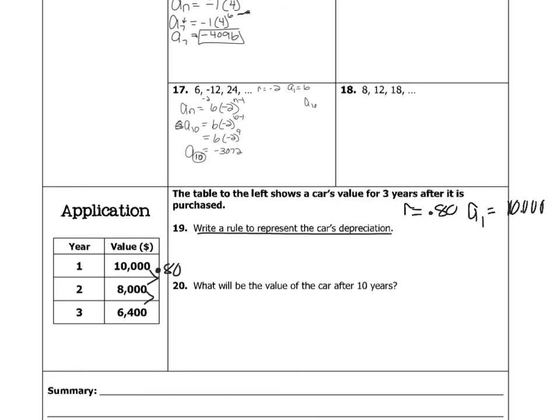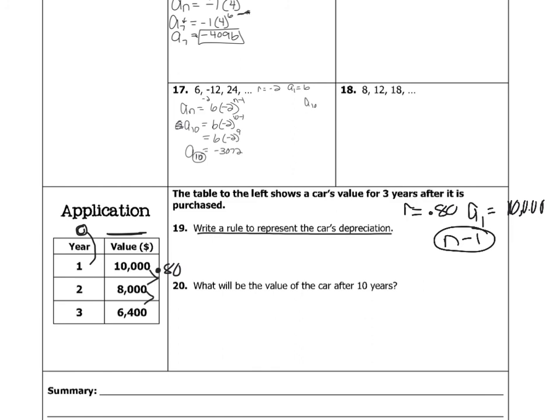Now some of you may think, well, is this how much the car depreciated in 1 year? So that means the value when the car was purchased would be back here, right, at 0. So do we need to make that the first term? Well, in your formula, that n minus 1 is going to take care of that, because when we plug in for a term, it's going to back it up 1.